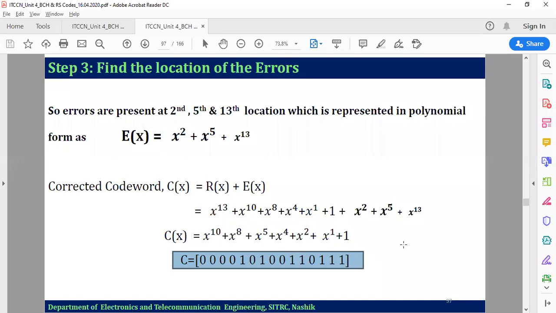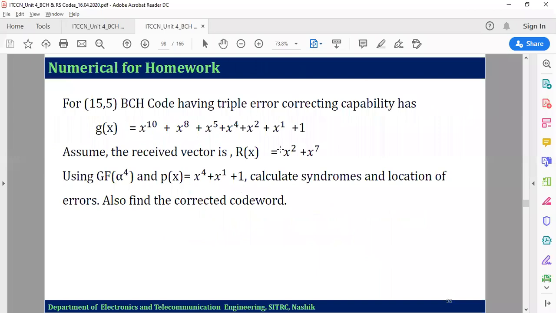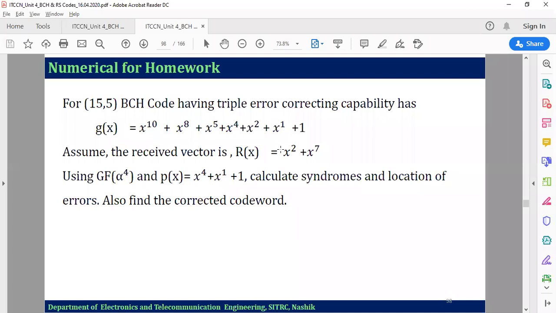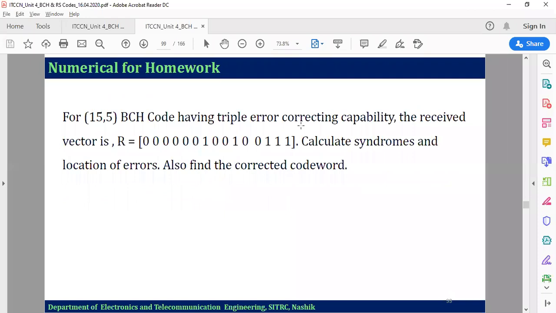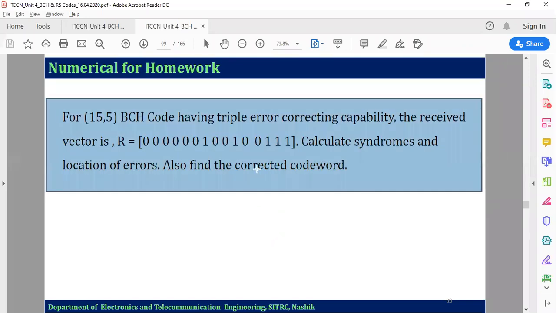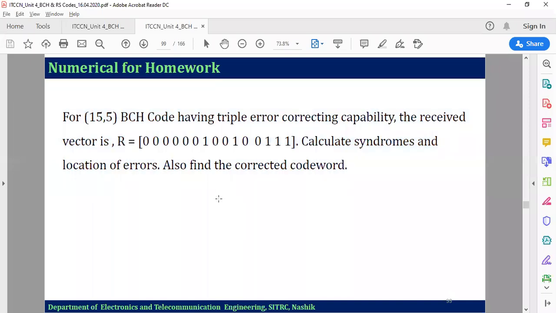If this is clear, please let me know. Okay, if this is clear, just write down this example for homework. I hope you will solve this example. Just try to solve the example. I will give the answers in the next session.